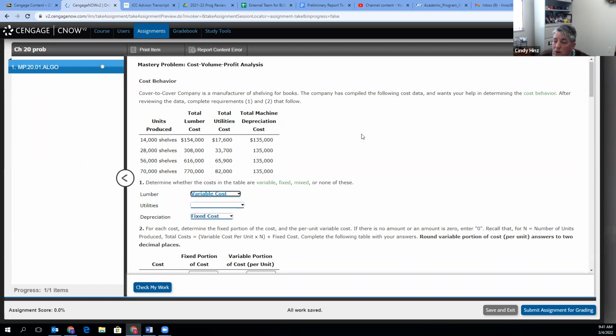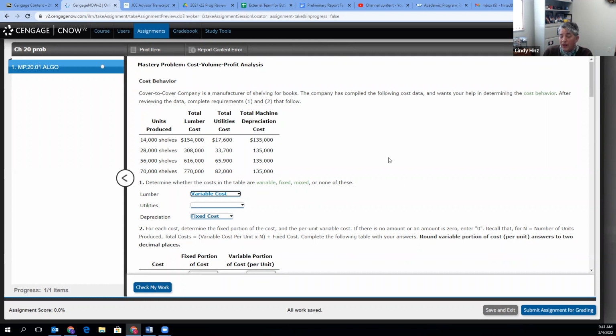In other words, the y-intercept is 0. So if you think about how we talked about using the high-low method and separating fixed from variable cost, if it's completely variable, then the cost at 0 shelves would be 0.